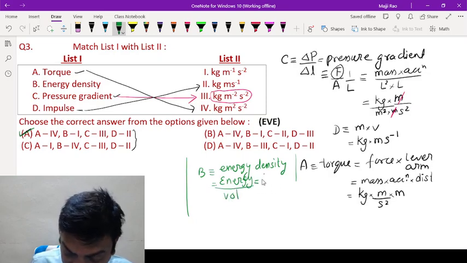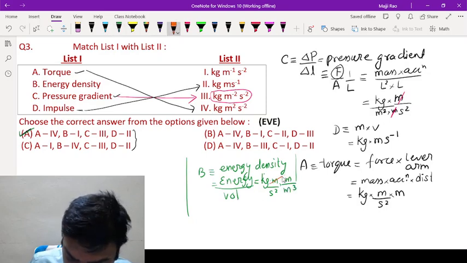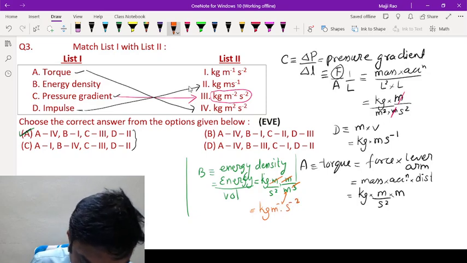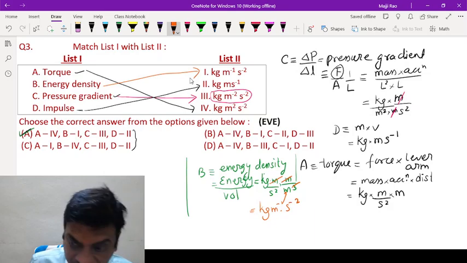Energy means force into displacement. So force means kg meter per second square into displacement is meter, volume is meter cube. So meter square gets cancelled. We are left with meter in the denominator. So finally we have kg per meter per second square. So exactly this is the correct option. Energy density should be matched with 1.